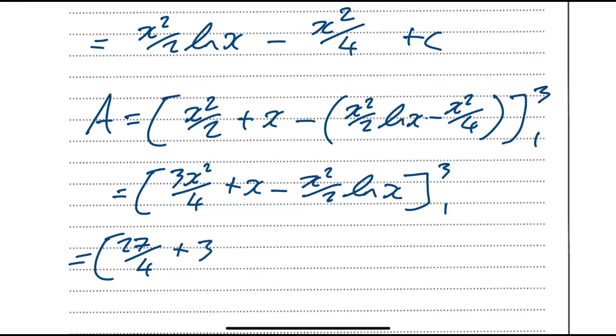And then, have I done that right? Apologies. Yep, that should be right. And then minus, that's going to be 9 over 2 ln of 3.